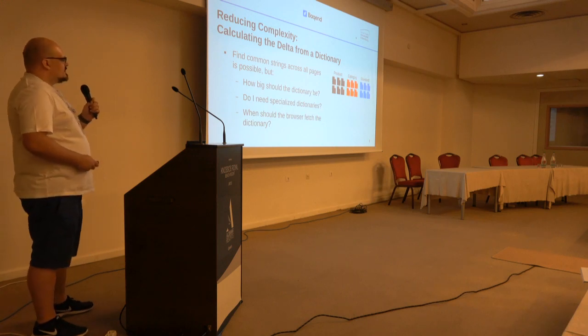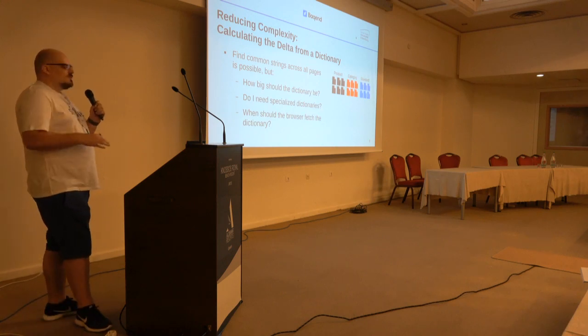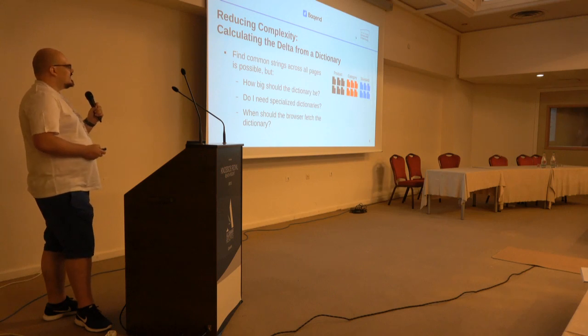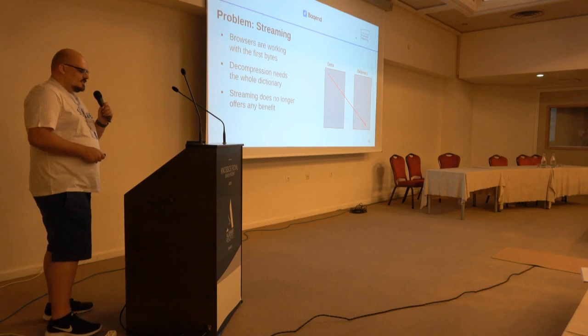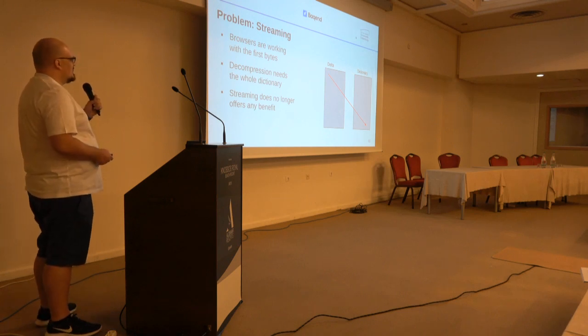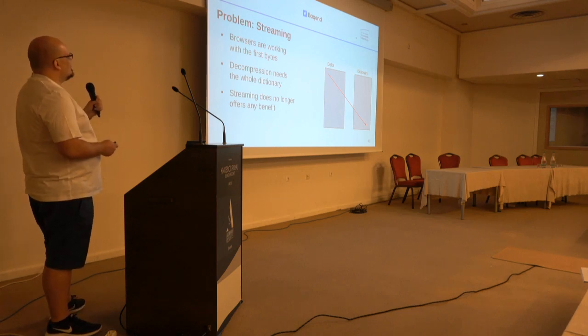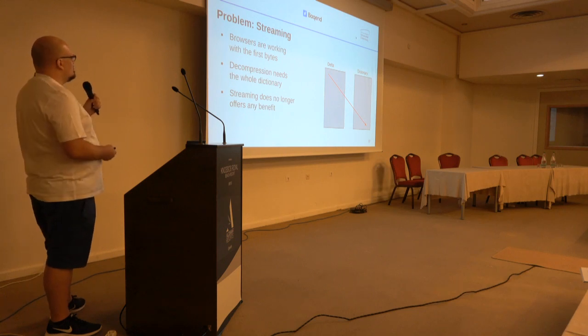And the last problem would be that at some point you have to cache this dictionary. And this is actually a bit problematic. You see here is a really great graphic which we talk about. The problem here is streaming, or streaming is a solution, not really a problem, but we would use this solution with this approach.